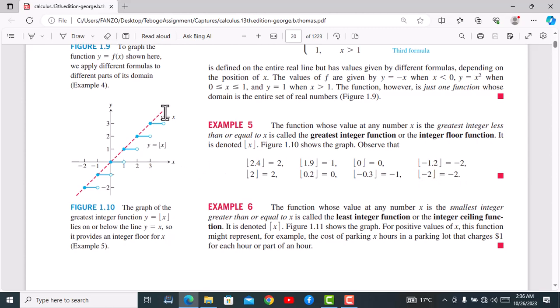And one thing that we need to note in here, when you have this line y equals x, in this case, the greatest integer function, you can see that it lies to the right of y equals x, this straight line, and then we can also move this to the other side so that it goes in that way.